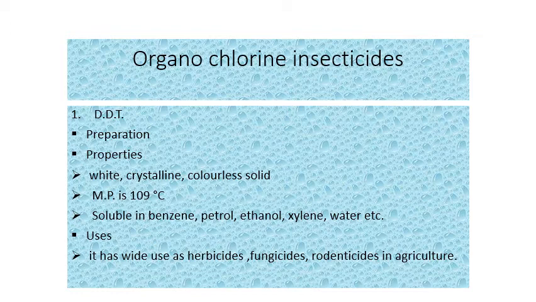Preparation of DDT: DDT is produced by the exothermic condensation of chloral with chlorobenzene in presence of sulfuric acid as a catalyst. I have shown the DDT structure.